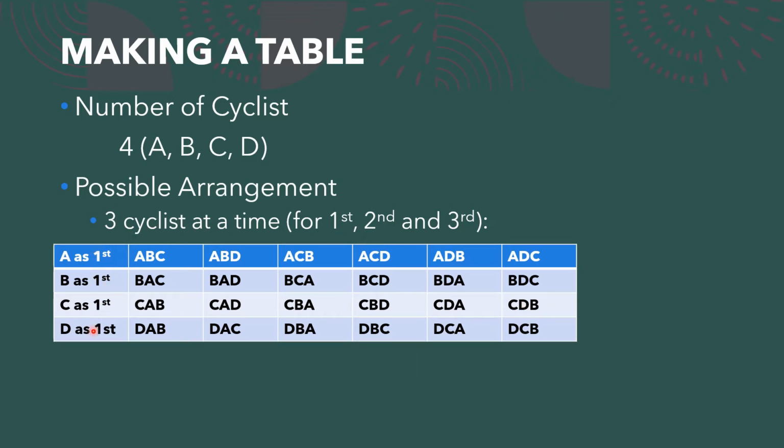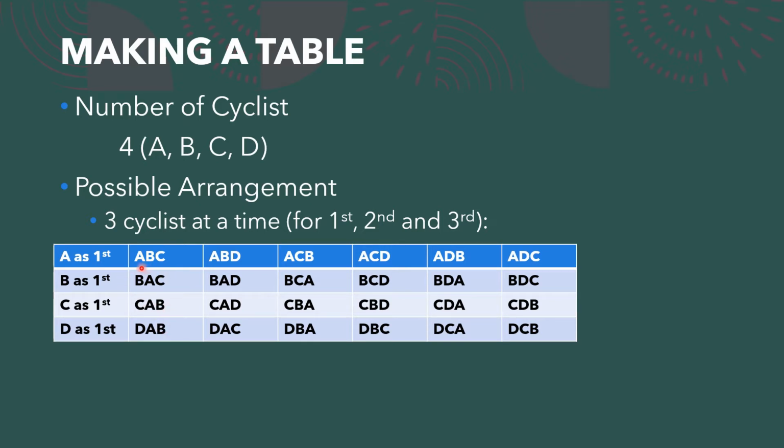Yung first column, hindi ito kasama sa mga possible arrangement kasi dito lang nakalagay na sa unang row, A is the first, sa pangalawang row, B is the first, sa pangatlong row, C is the first, and sa pang-apat na row, D is the first. So, dito sa second column, dito nagsisimula ang mga possible arrangement natin.